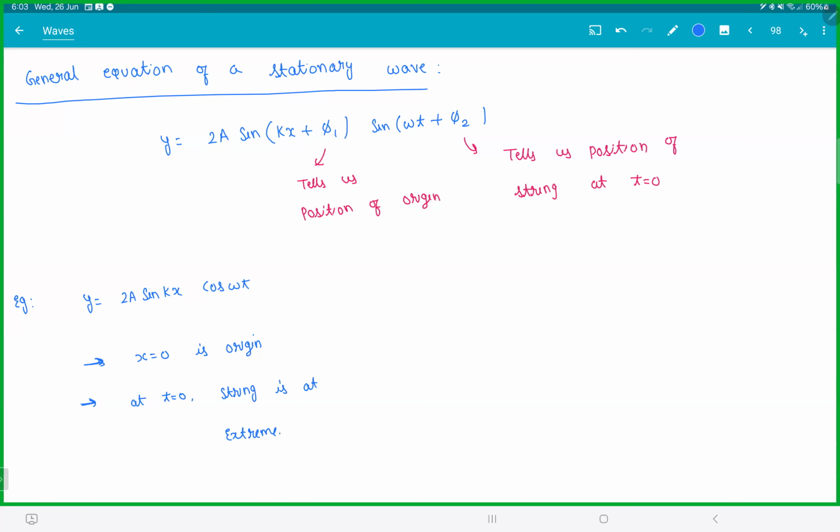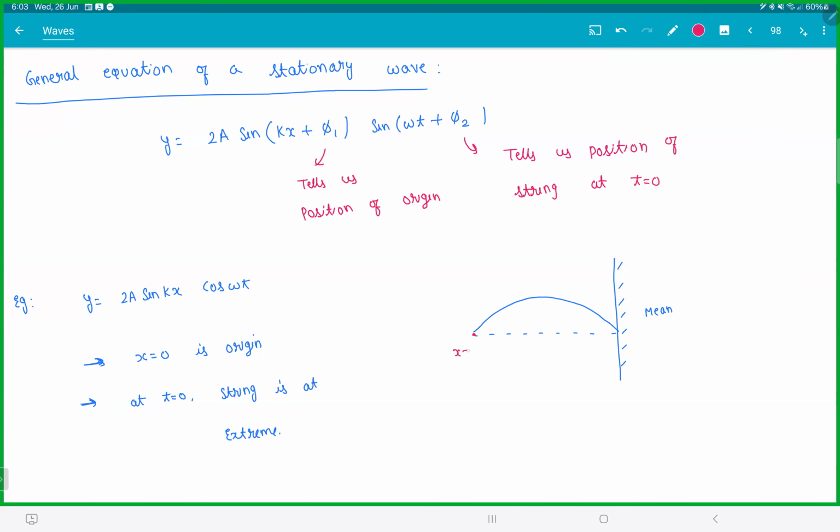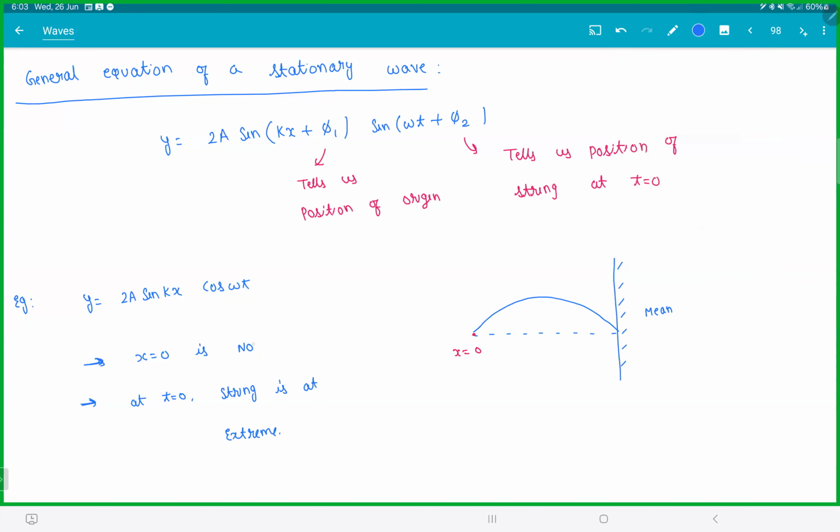Meaning this is what you did. So you have chosen the node as an origin. So x is equal to 0 is a node. So you have taken x is equal to 0, the node, as an origin. And at t is equal to 0, you have taken all the points at extreme position.